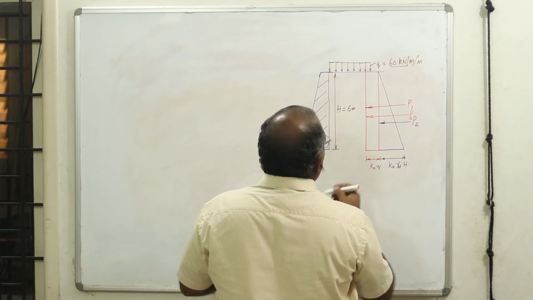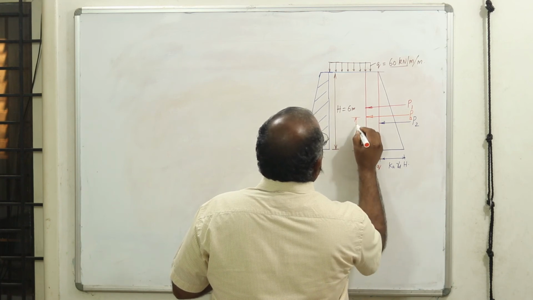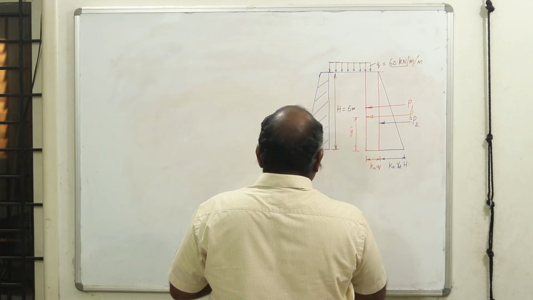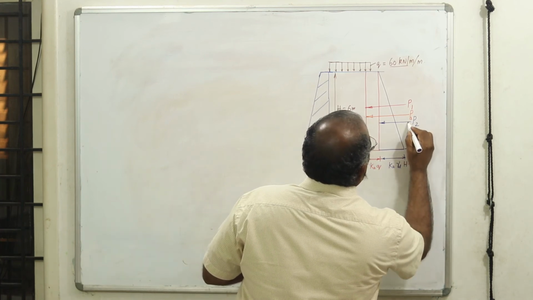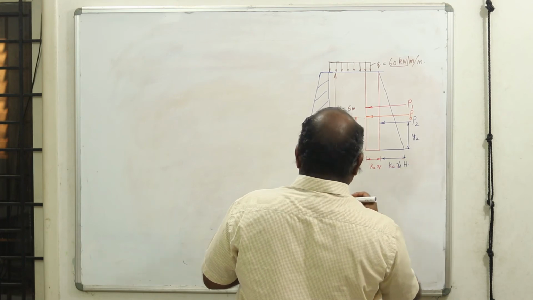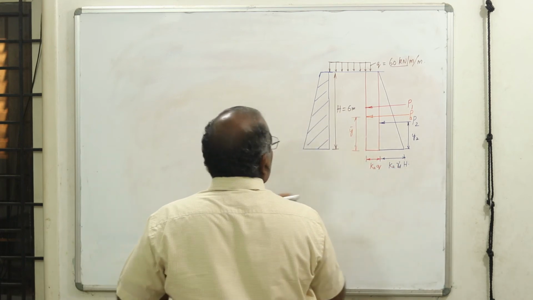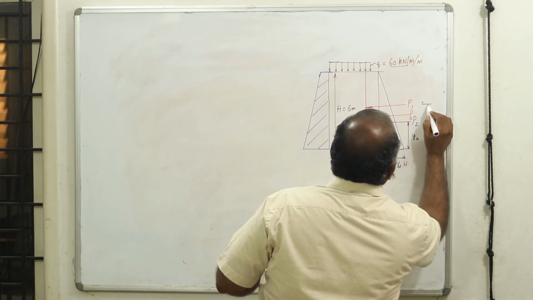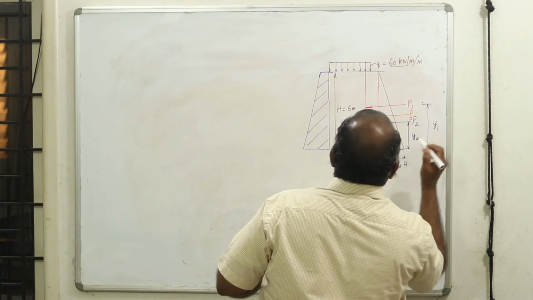Let us represent this as Y bar. This is Y2 from the base, and the first one is acting at Y1 from the base.